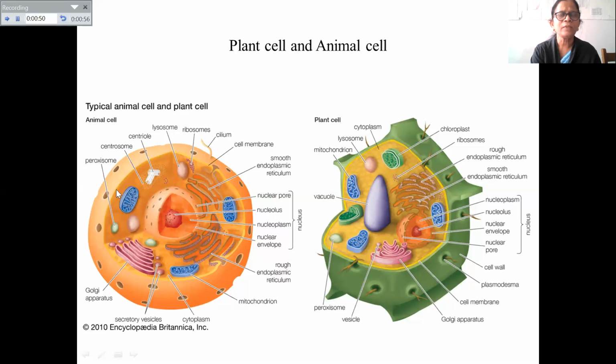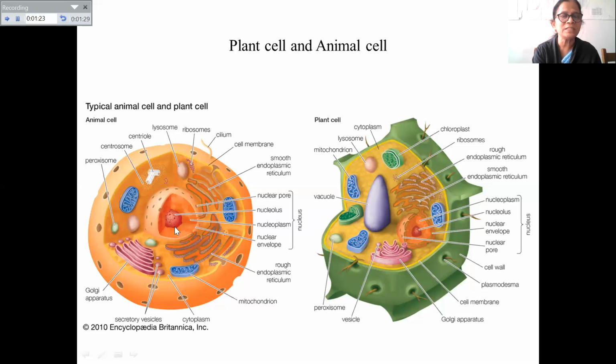Now the next difference is the vacuoles. In the plant cell, the large vacuoles are present in the center. Due to the presence of this large vacuole, the nucleus is also pushed towards the peripheral region. So in plant cell, larger vacuoles are present.